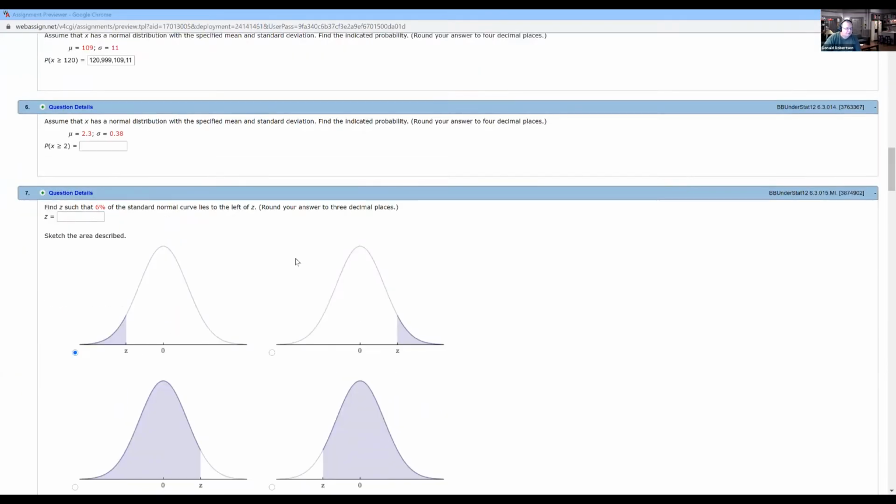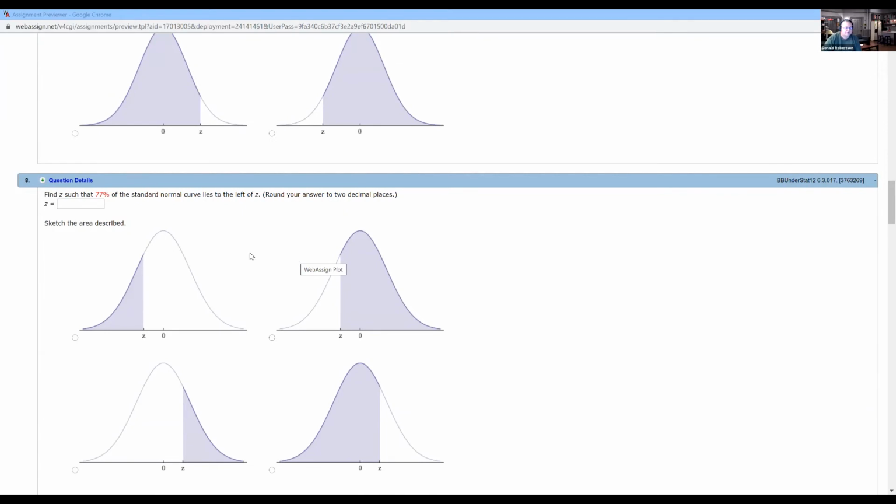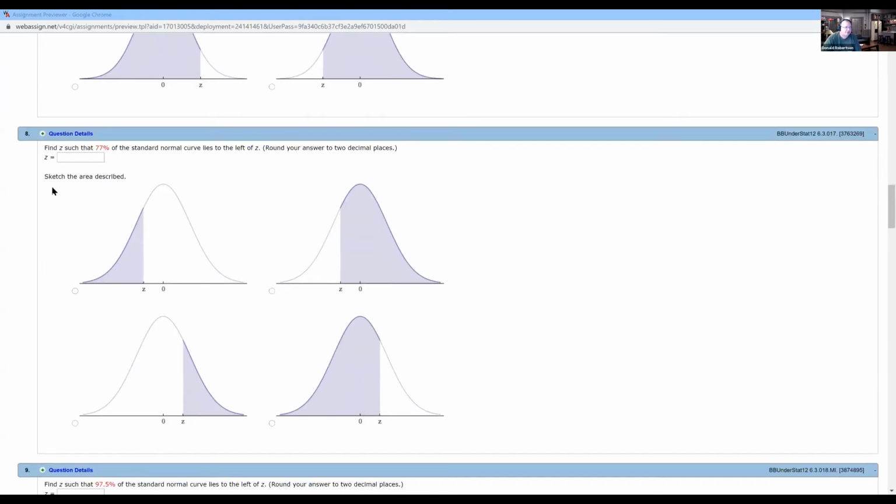Okay, that's good stuff. And that's basically a picture, right? 77 to the left. You see it's telling you the percentage, and it's the percentage to the left. So it'd probably be that picture, and then inverse norm in the usual way.